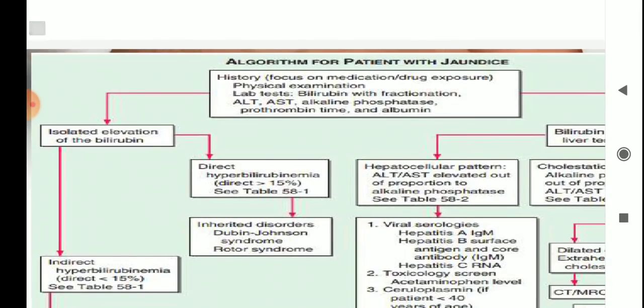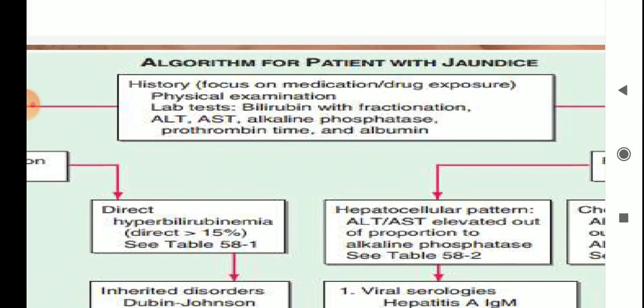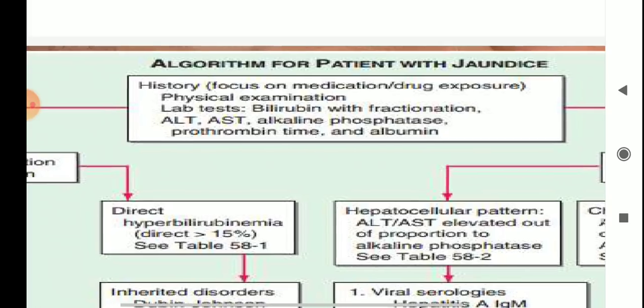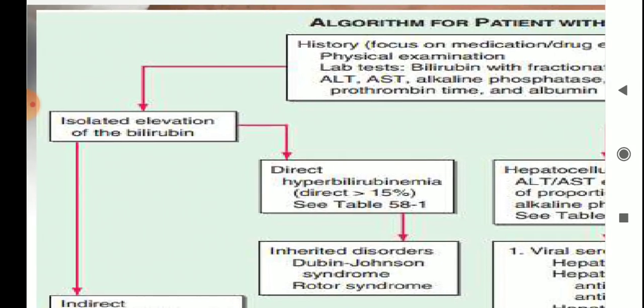This is again the schematic diagram, the algorithm for a patient with jaundice. Approach: take a proper history, do lab investigations, the liver function tests, alkaline phosphatase level, SGPT, SGOT, PT time, the vitamin K assays, the serum protein levels, especially the albumin. Then look for the elevation of the bilirubin levels.